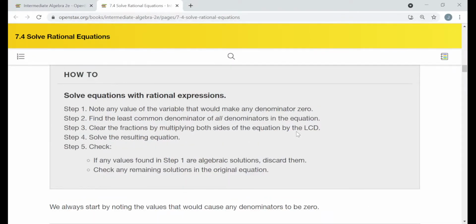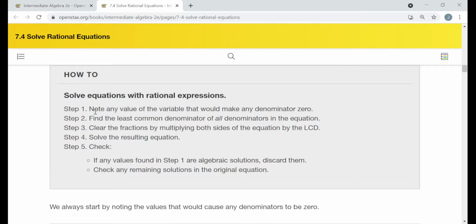And I'll be following these steps, presented in section 7.4 of this text. So, solving equations with rational expressions. First thing I will do is factor all the denominators completely.